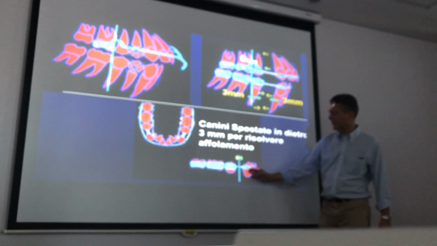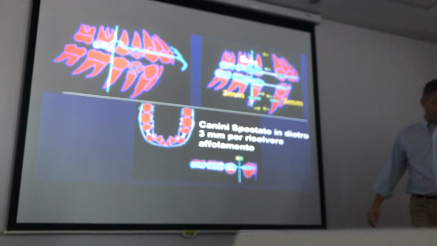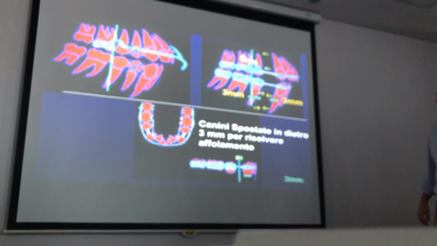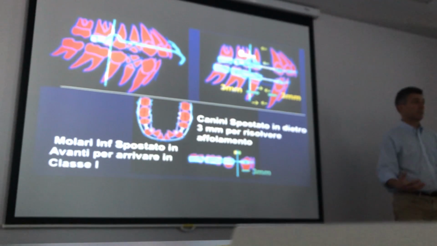So this is 3 millimeter distalization for crowding, to solve the crowding. And 3 millimeter more movement forward just to close the space.